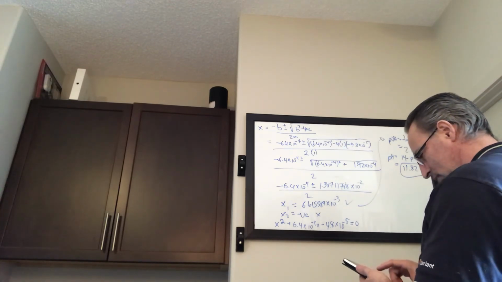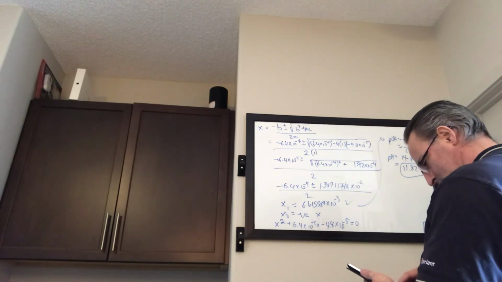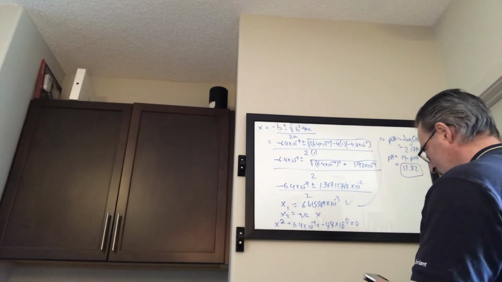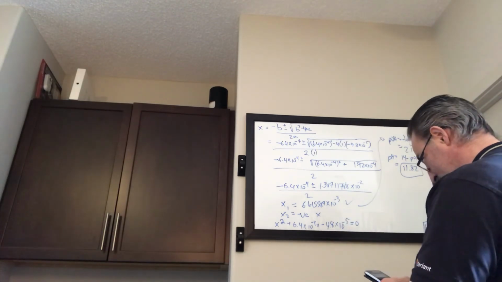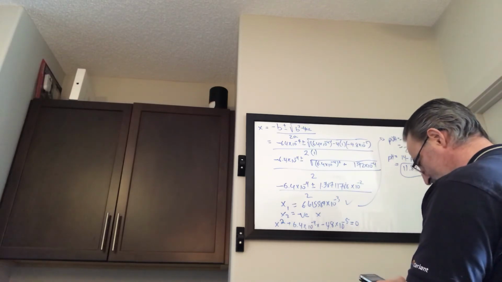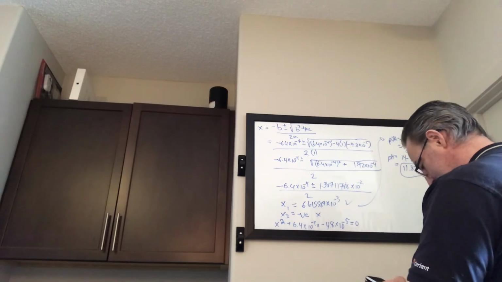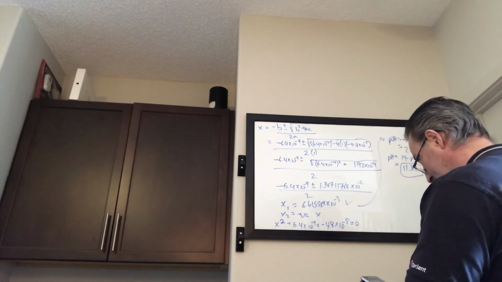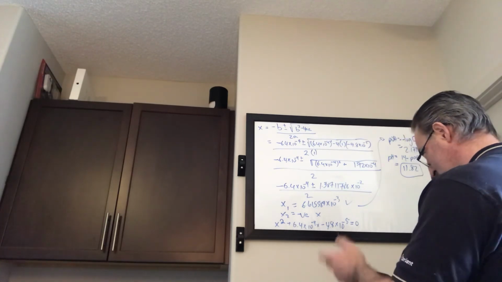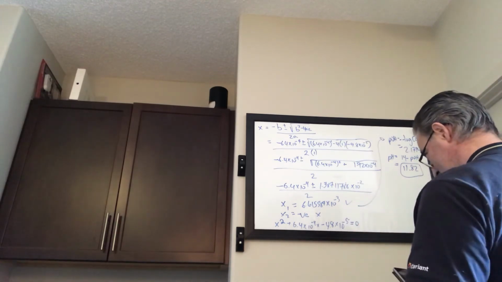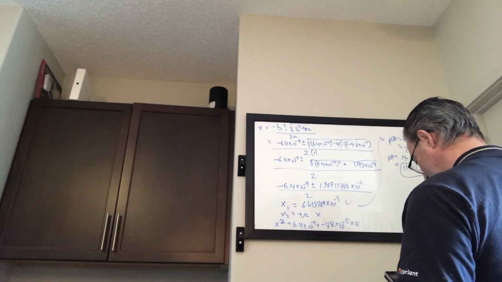So enter mode for quadratic. The first number is 1, second number is 6.4 exponent negative 4, third number is negative 4.8 exponent negative 5, enter, and you get 6.61558938.